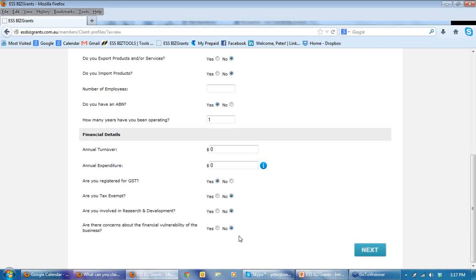Is there any financial vulnerability about the business? Now, that's a question that a government employee is asking, so it needs to be answered from their point of view. They're only really worried if in the couple of weeks after they issue a grant to a business it goes into liquidation or there's receivers appointed.